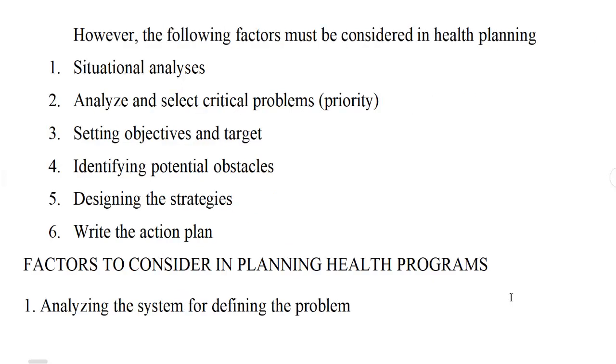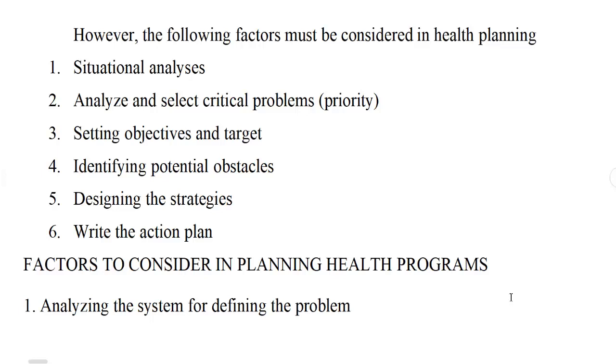Meanwhile, there are some basic factors to consider in planning health programs, and among these factors include system analysis. This simply means that the problem must be clearly identified. The likely causes must be identified. Then this will lead to situational analysis.